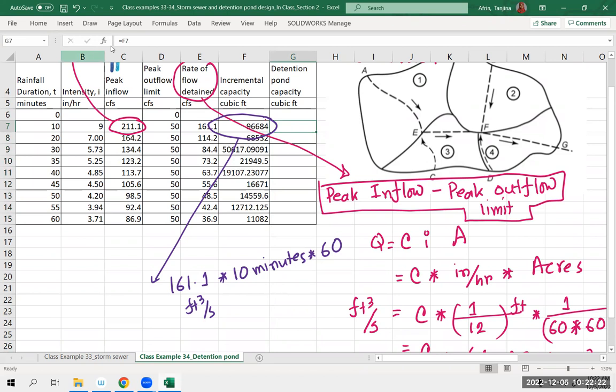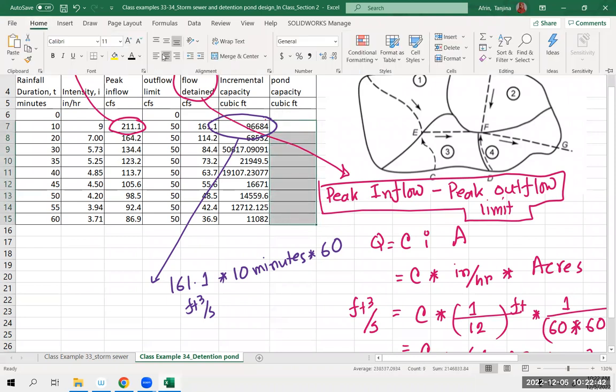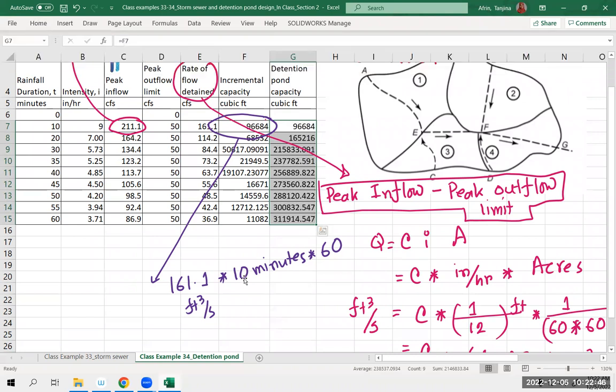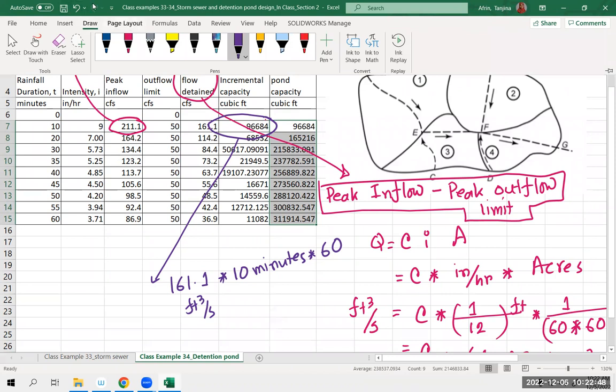So the very first one will be just 96684. What will be the next one? 96684 plus 68552. The next one, you will add the third one. You will keep adding till the last point, and all the values you get will be like that. And let's check what I did here.